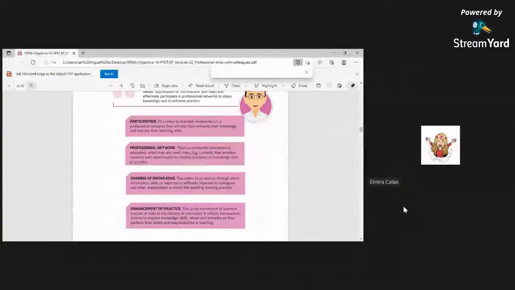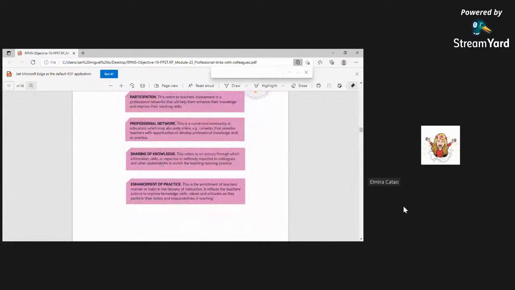This is a connected community of educators which may also exist online that provides teachers with opportunities to develop professional knowledge and or practice. This is very timely today, mostly because we are not allowed face-to-face. So mostly our connections and resources come from our friends, not necessarily within our school, but in other divisions, other regions, or even at the national or international level.